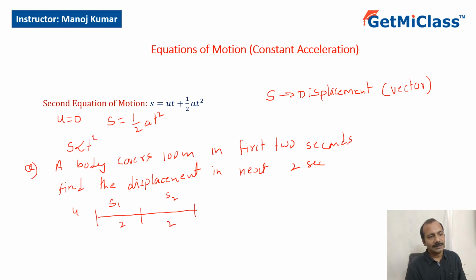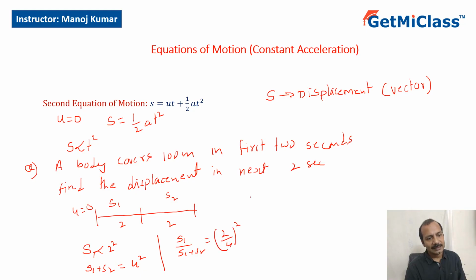Now initial velocity, we know, is 0. So because S is proportional to t square, S1 would be proportional to 2 square and S1 plus S2 would be proportional to 4 square. Now I can use S1 by S1 plus S2 equal to (2 by 4) whole square.